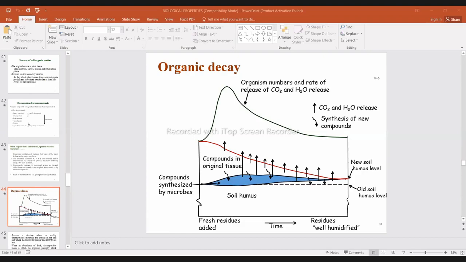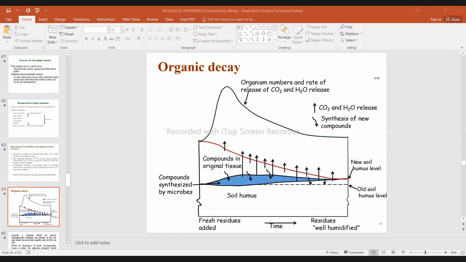Enzymatic oxidation, which means microorganisms produce enzymes that act on the material and leave carbon dioxide, water, and heat as major products. The second one, essential elements, nitrogen, phosphorus, sulfur are released or immobilized by a series of specific reactions relatively unique for each element.